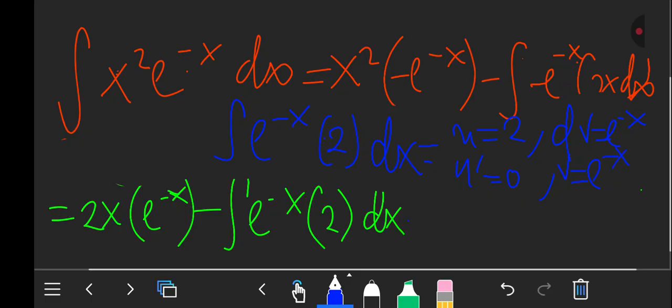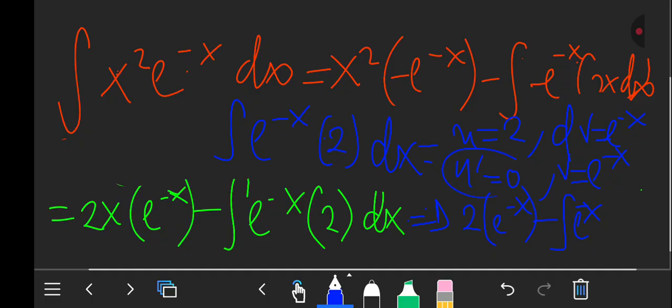Then the integration of this will be, what is my u? My u is 2, my v is e to the power negative x, minus the integral of, what is my v? e to the power negative x, multiplied by my du.